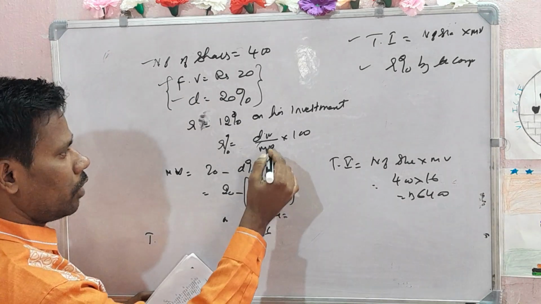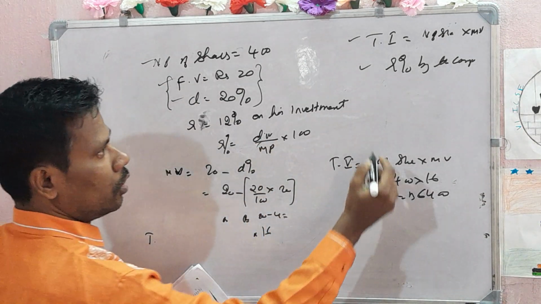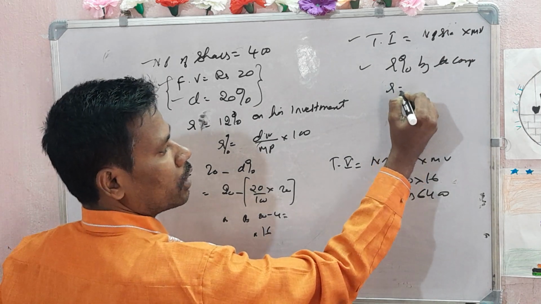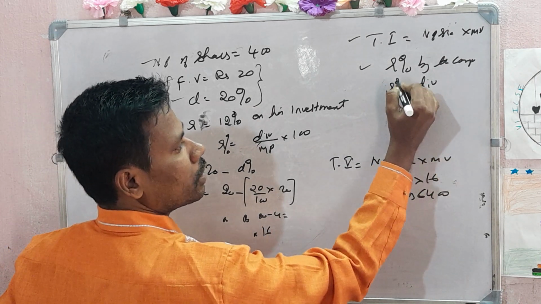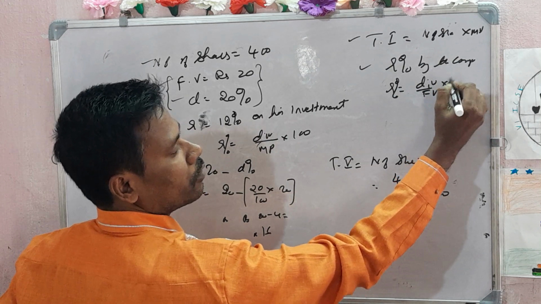For the rate of dividend paid by the company, what is the formula? Rate percentage is equal to dividend by face value into 100.